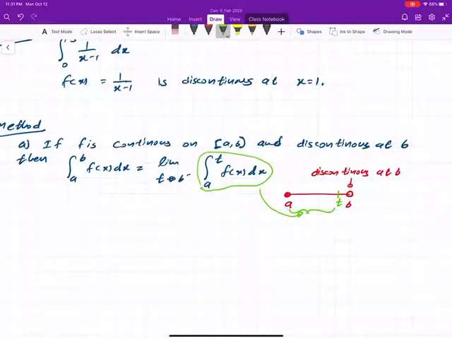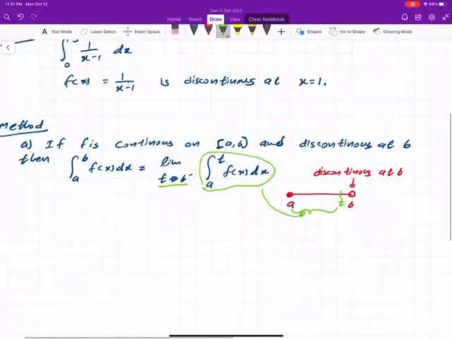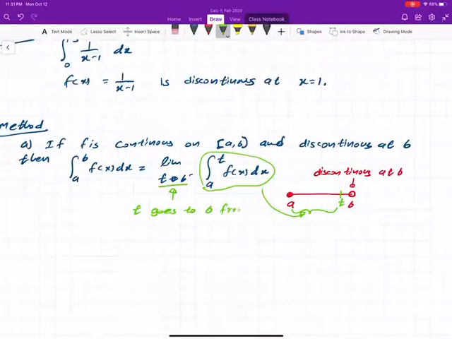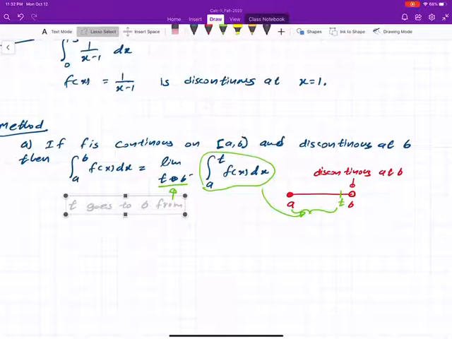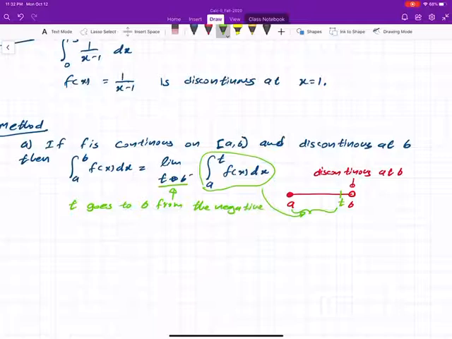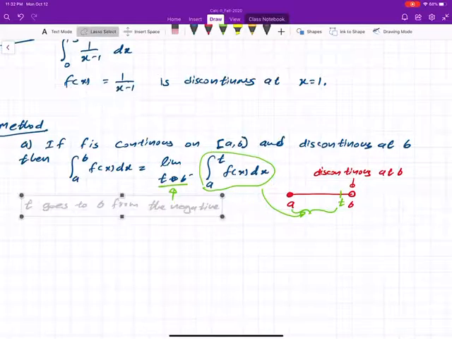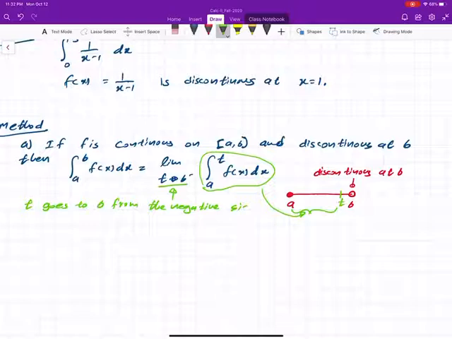Thereafter, we say t goes to b from the negative side. How do you read this? This is read as t goes to b from the negative side.